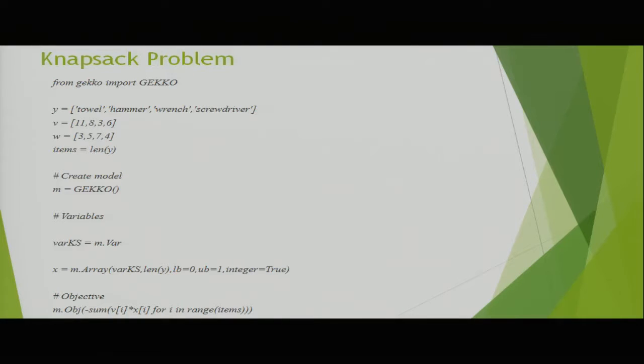We get the length of how many items we have, and then we create an object of type Gekko, and we initialize the variables. We mention the lower bound, upper bound, and objectives. In the objective function, we have the sum of vi xi for all the items.